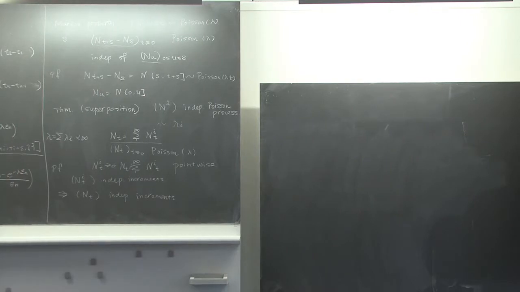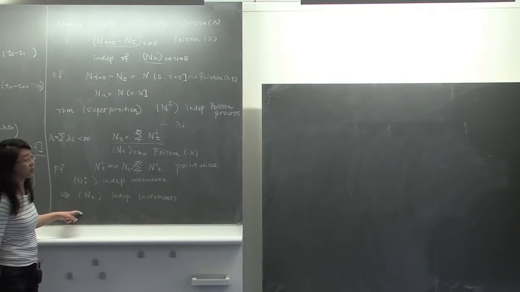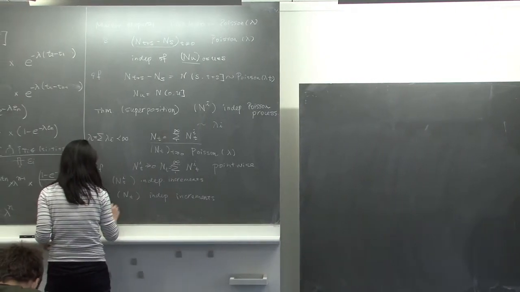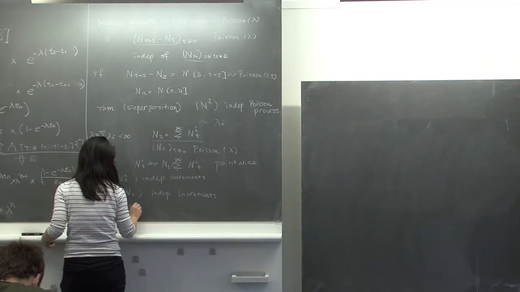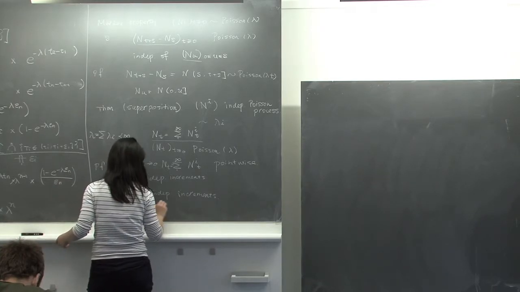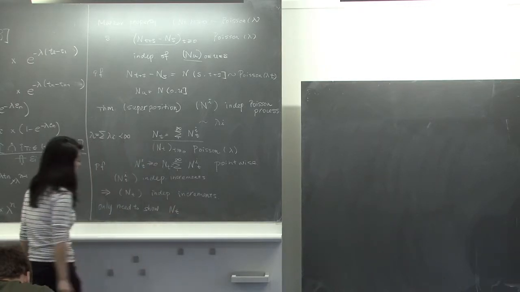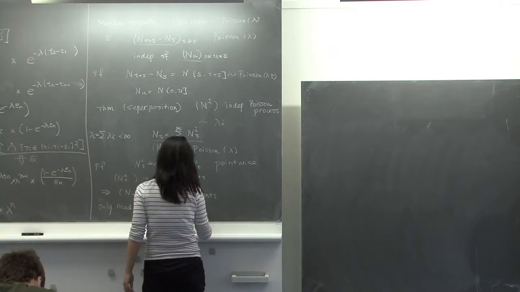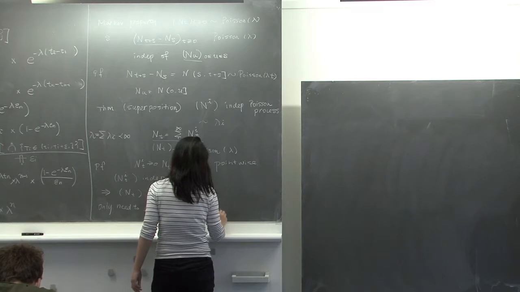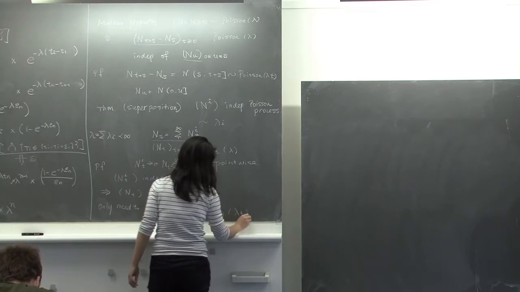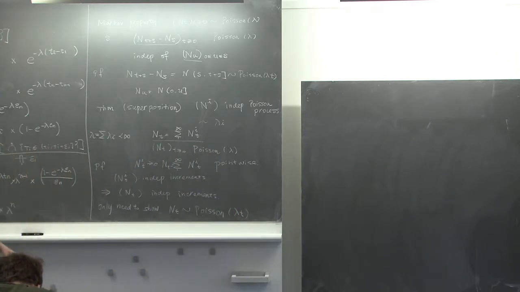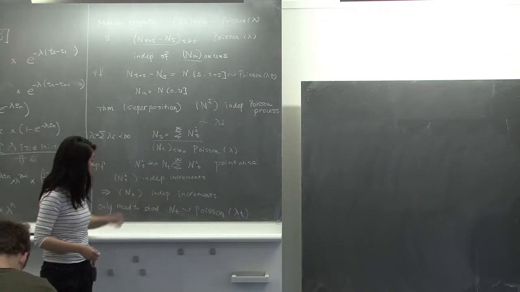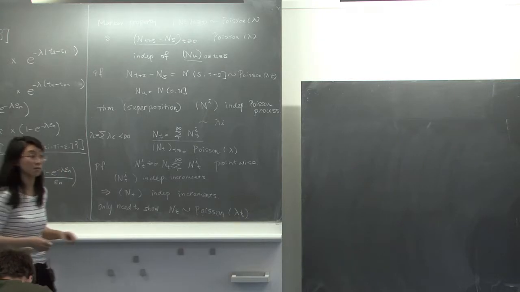So in order to check N_t is a Poisson process, we only need to show that N_t has the law of a Poisson random variable with mean lambda t, because we already know that it has independent increments.